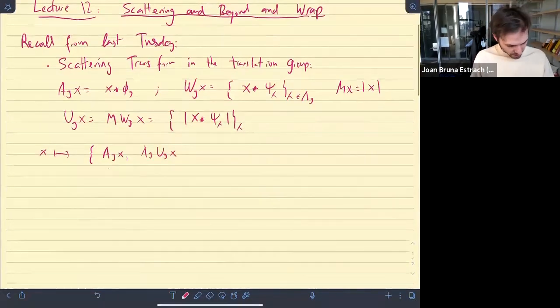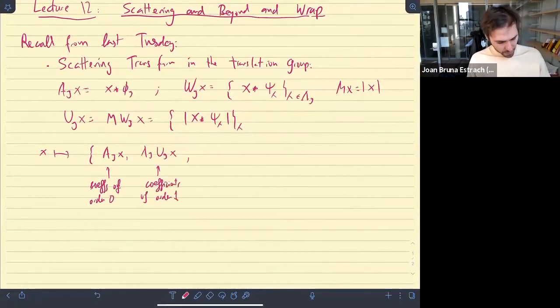That was, remember, the scattering coefficients of order 0, coefficients of order 1, and then every time we apply a low pass A_J, we complement it with the bandpass filters obtained by the wavelet.